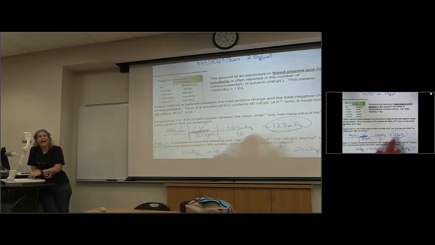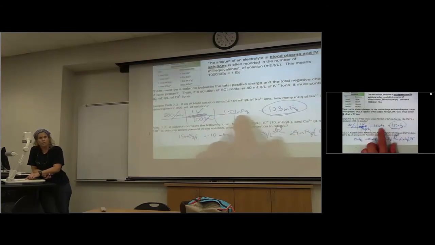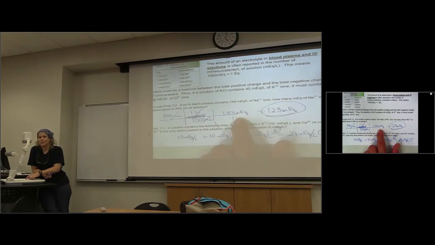Here we don't have a whole mole of sodium. We have a solution of sodium, and the concentration, which is really goofy here, is given to us in milliequivalents per liter.